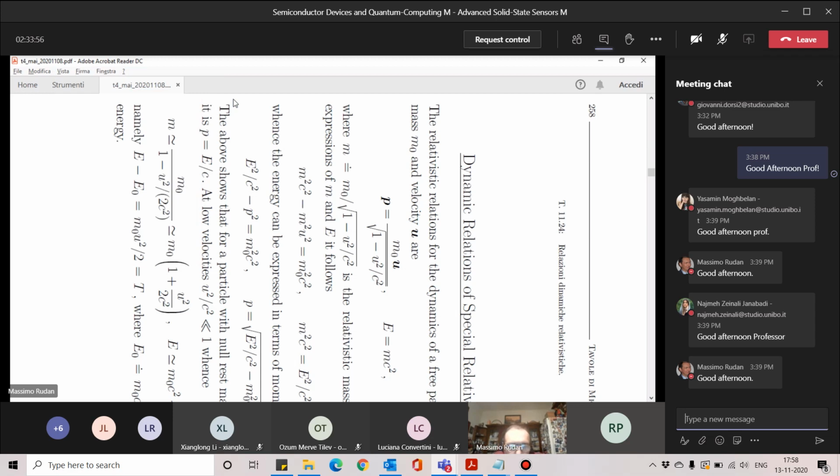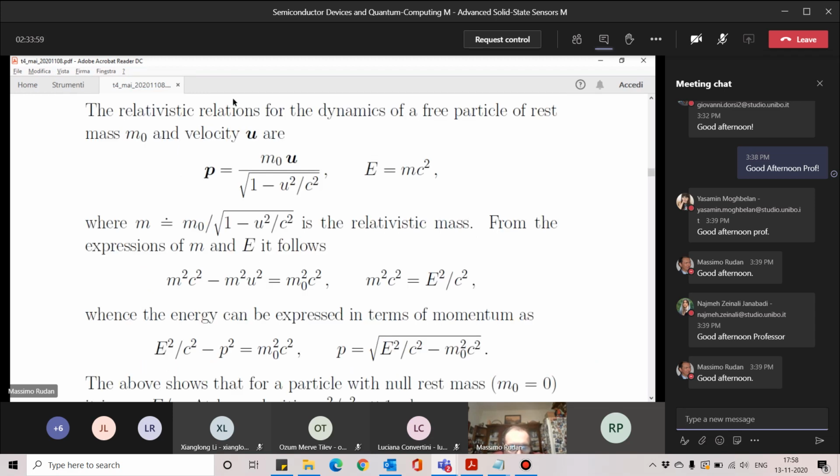There is one difficulty. This is the reason why I'm not going through the calculations, that we must use special relativity. The reason is that in order to detect the effect, the frequency of the electromagnetic field must be very high. Otherwise, the effect is so small that it's impossible to detect. If the frequency of the photons is very high, their energy is very high.